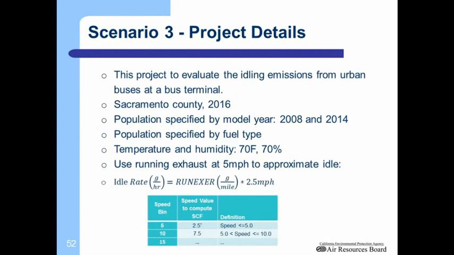So, in this case, we suggest that to estimate the idle emission rate, users should obtain the running exhaust emission rate at 5 mph speed bin and multiply that rate with the 2.5 mph speed, which is the speed that was used to evaluate the specific emission rate.